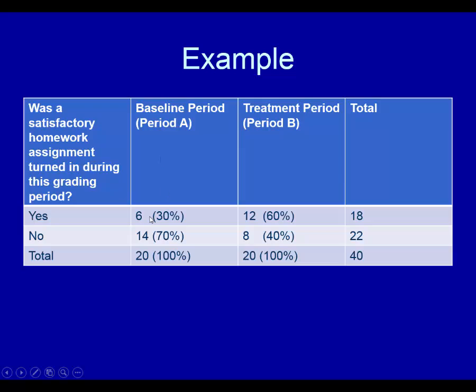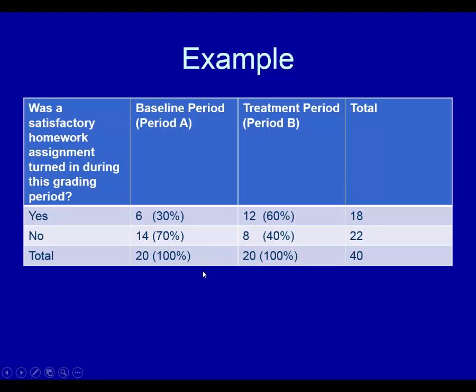During the baseline period, 6 out of 20 were favorable, that is a fraction of 30%. It's a proportion of 30%, which would be turned into a fraction of 0.3. We had, during the treatment period, 12 favorable recordings, meaning they did turn in the assignment adequately, and 8 weeks during which the assignment was not turned in.